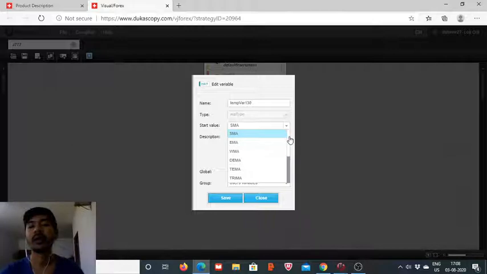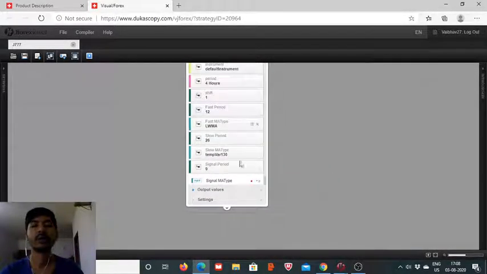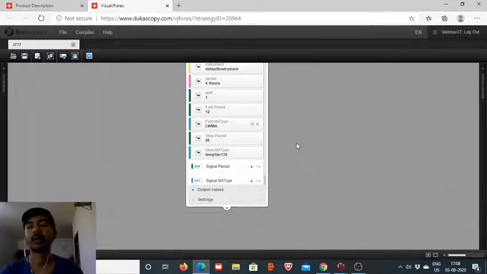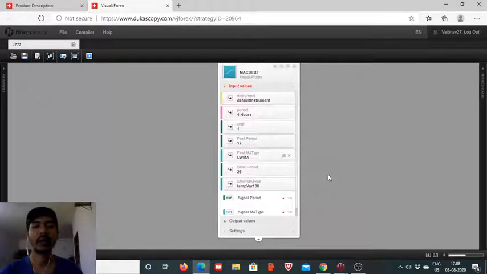So I think we can go with the T3. T3 was creating nice structure, smooth curves, and this 130 is the smaller time frame signal period generator, and here also of course we need to define.